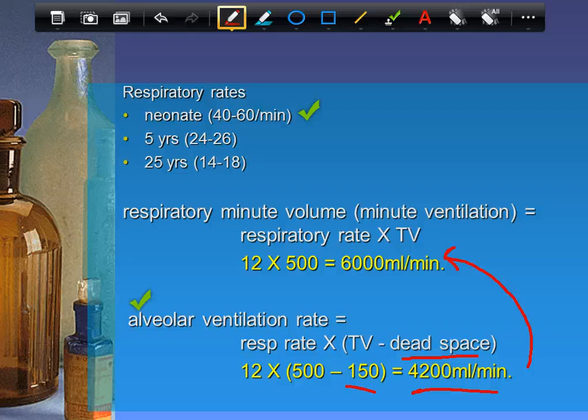Also notice, anything that affects your respiratory rate will affect the amount of air getting down into your lungs. So if you're on morphine or some sort of depressant, and your respiratory rate went down to 9 breaths per minute, you're going to have about 4,500 mils per minute of air getting down there.